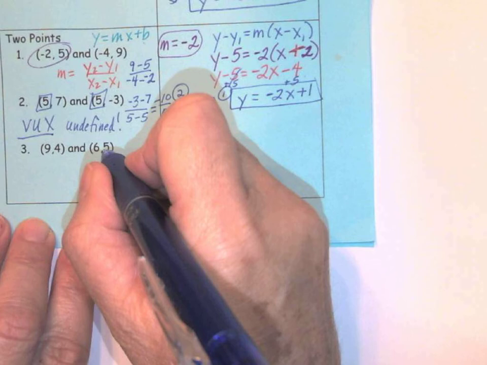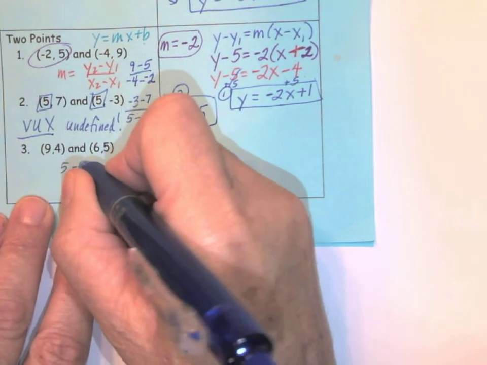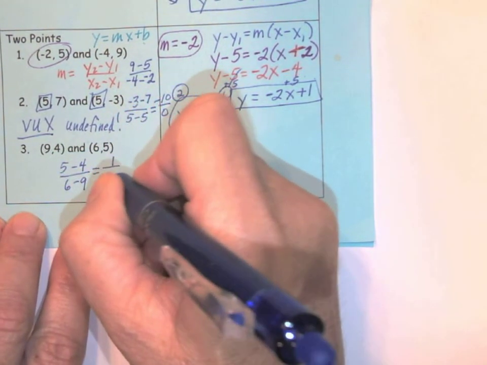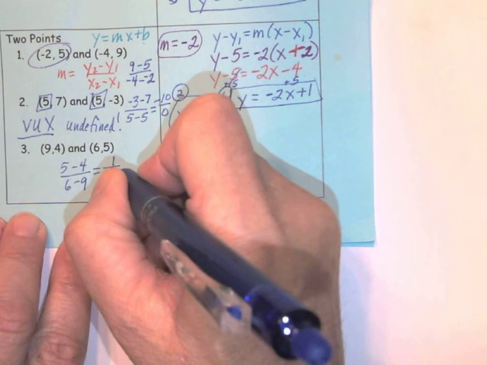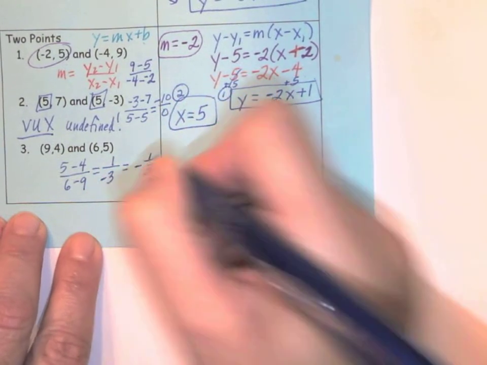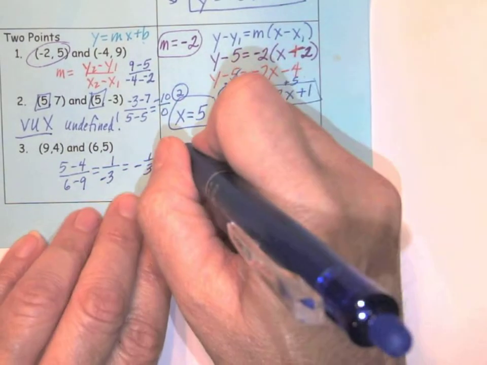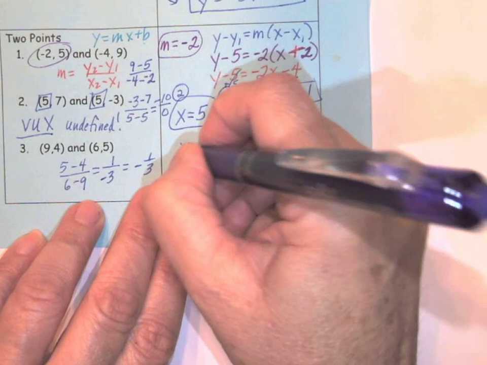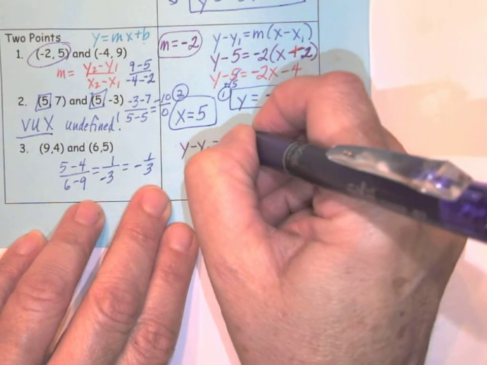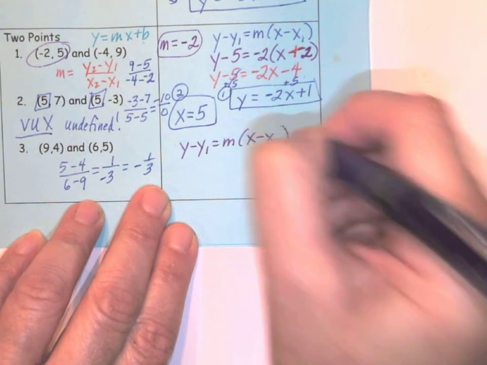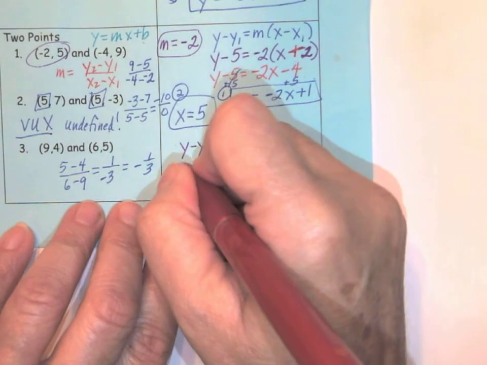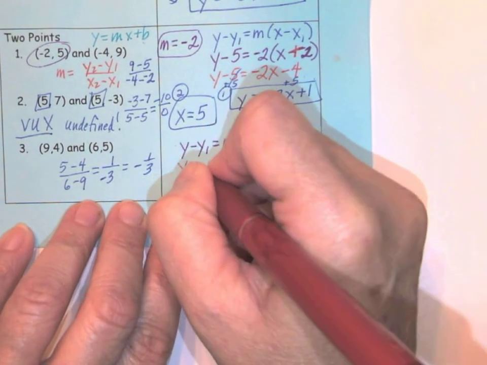Let's try another one. Let's find the slope on this one. So 5 minus 4 over 6 minus 9 equals 1 over negative 3. I'm just going to write that as negative 1/3. So let's use our point slope form. Let's go y minus y1 equals m times x minus x1. It's always a good idea to keep this written on your paper.